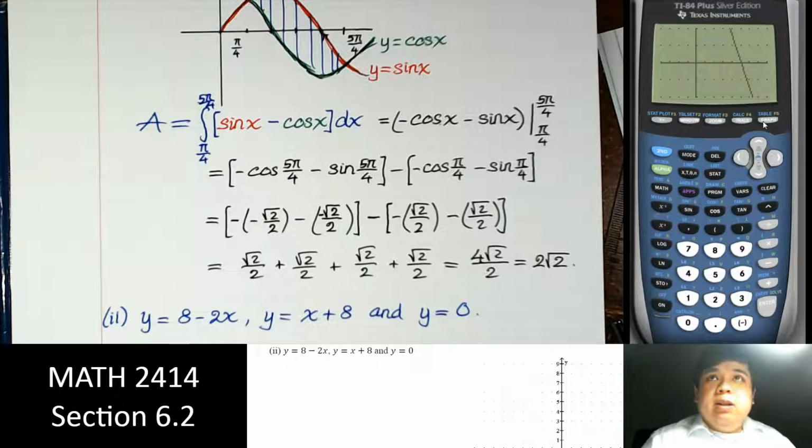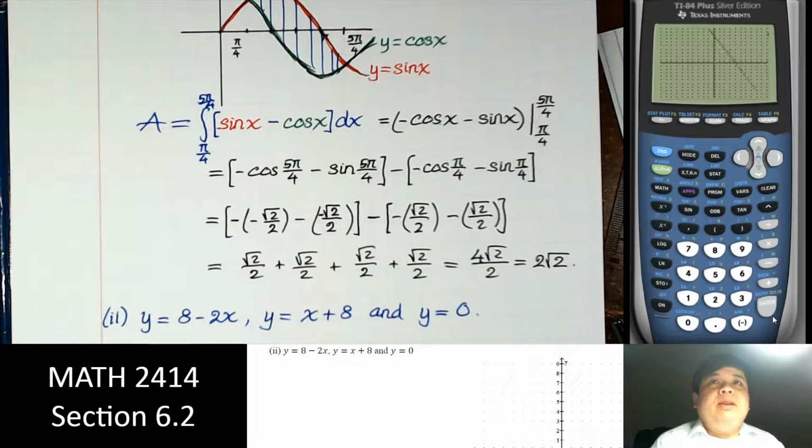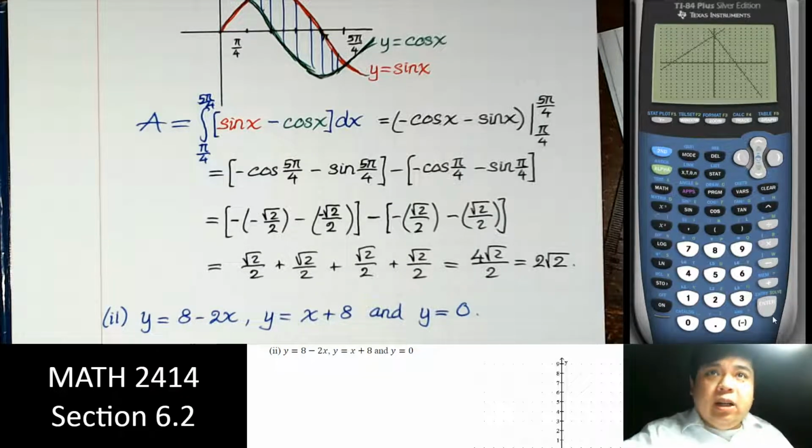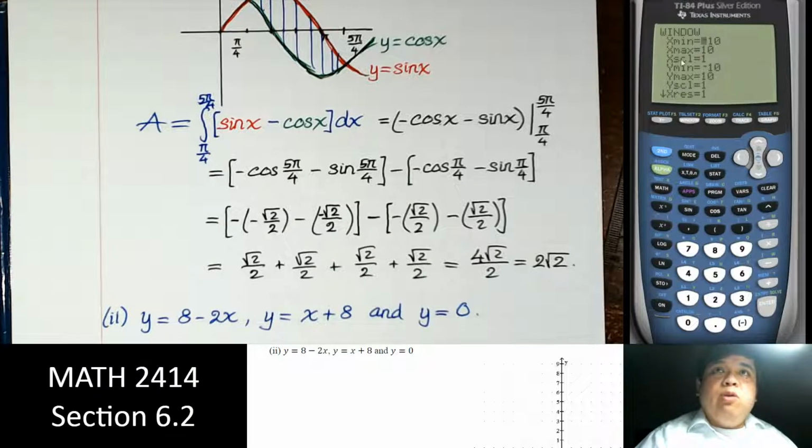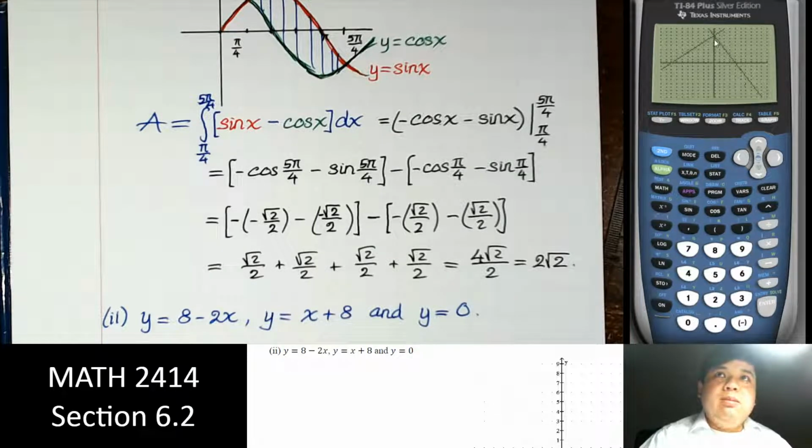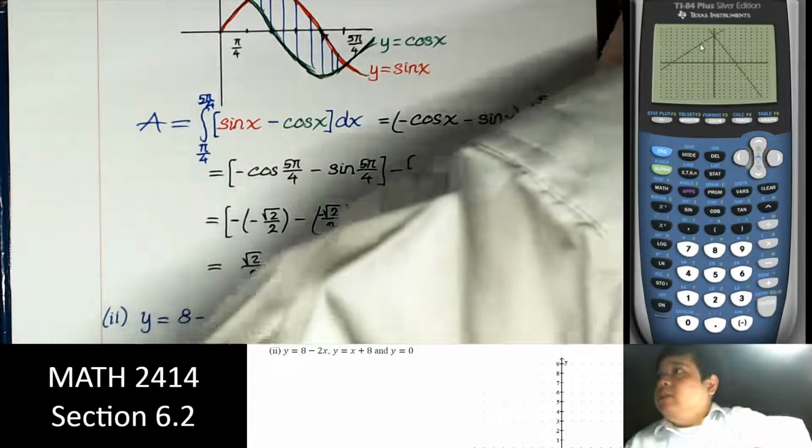Of course that's not what we see, so we have to go back to the standard window. So zoom number 6, that is the standard window, and the standard window goes from negative 10 to 10 on the x-axis and the y-axis as well.